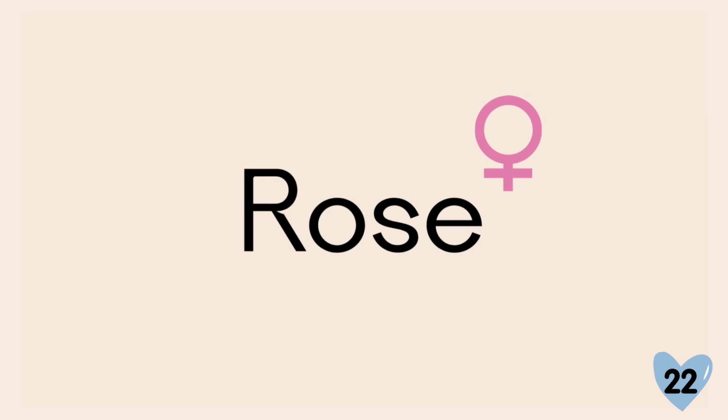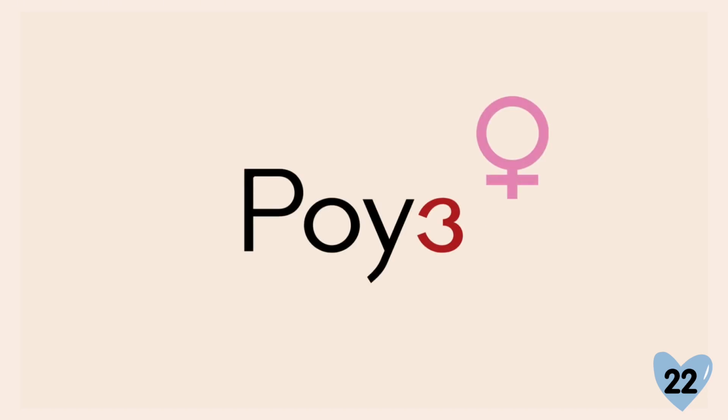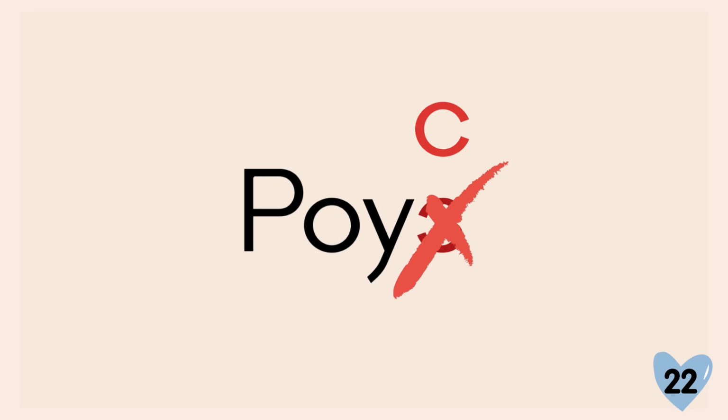Let's start with a name, Rose. Here's how this word looks in Russian. Take a second and read it. Да, Rose. At the end, S, not Z. Let's read one more word.